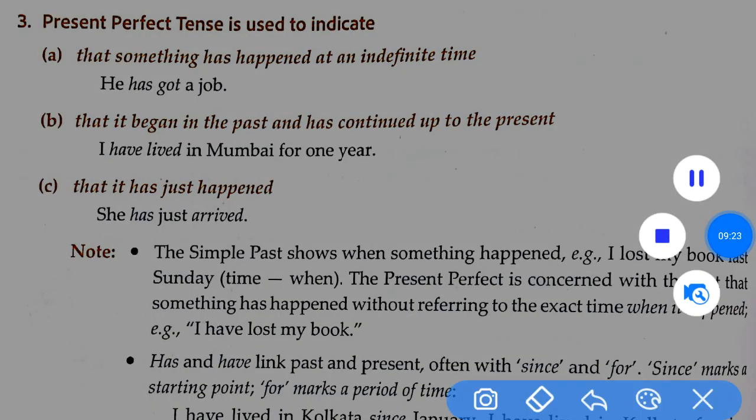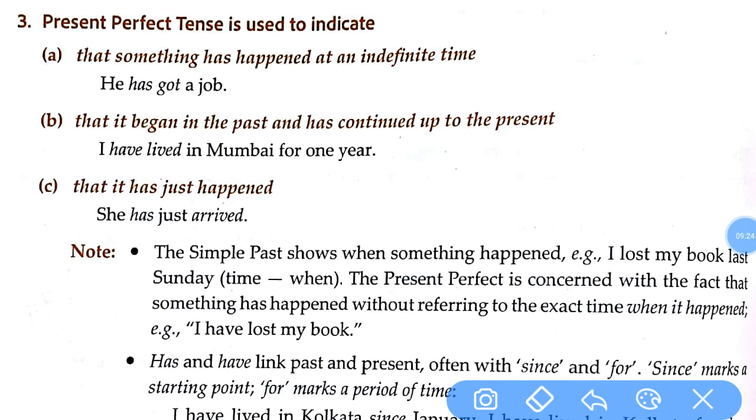What do you mean by an indefinite time? For example, he has got a job. He got this job some time ago. Then it began in the past and has continued up to the present moment. That means something that happened in the past and its effect is experienced even now.